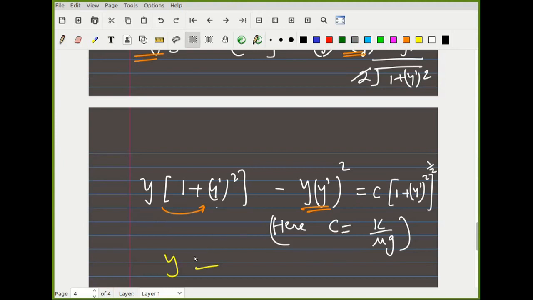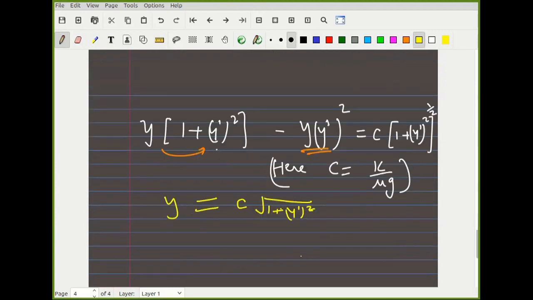What I can do is, this left side is left out with y equals c root of 1 plus y dash whole square. I square both sides.